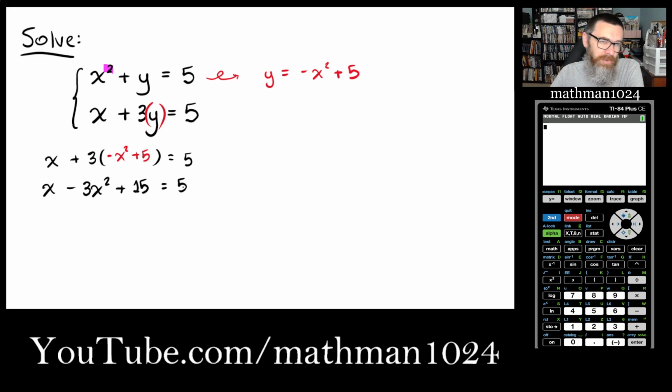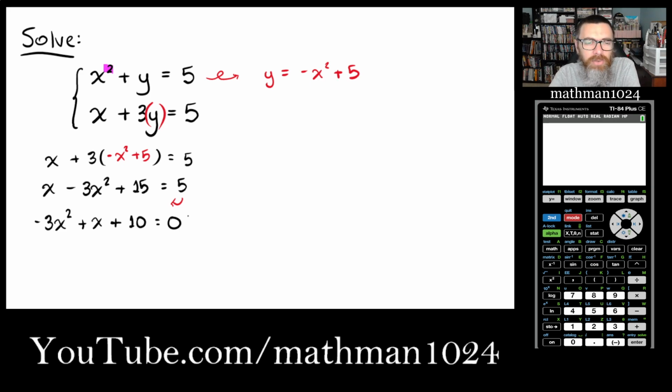All right, so we have something that's quadratic, so we're going to be expecting two answers here. Now, if I move the 5 over to the left and rearrange some terms, I would have negative 3x squared plus x, so it's going to be 15 minus 5, which is plus 10.